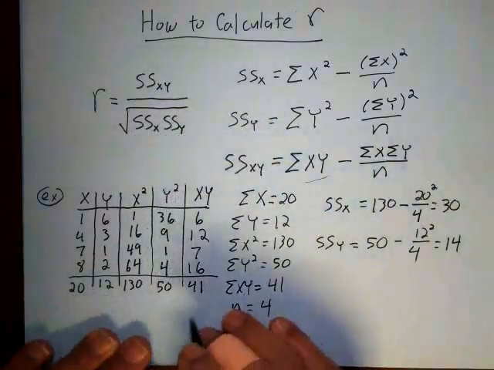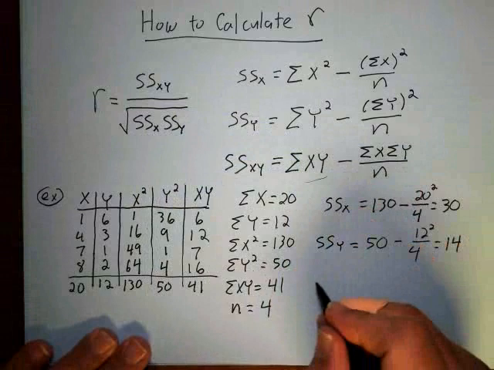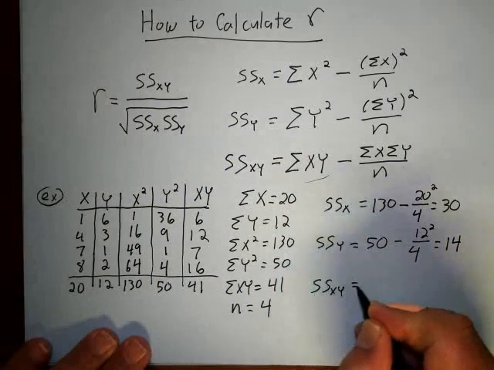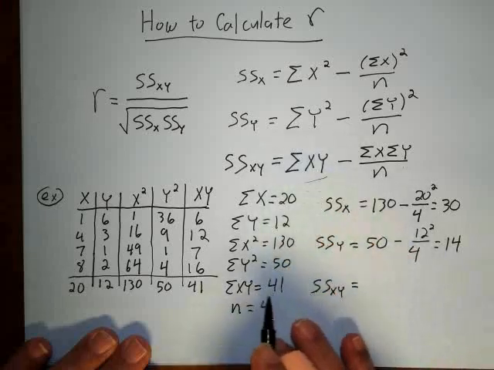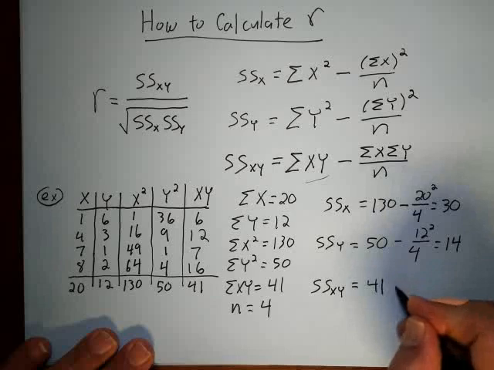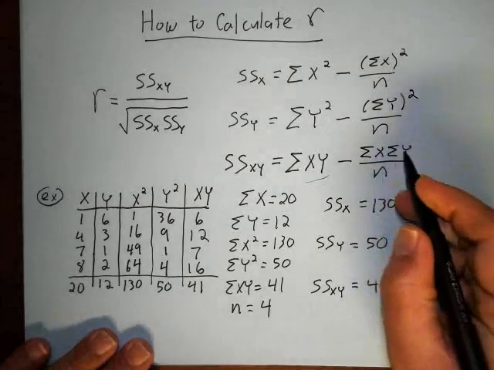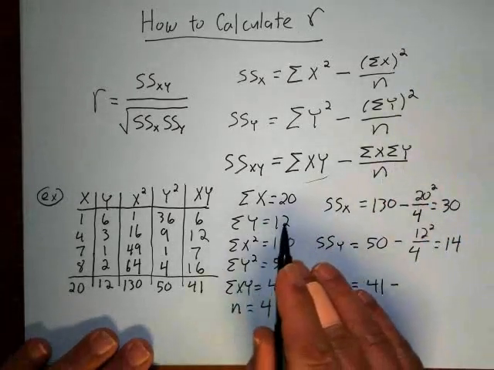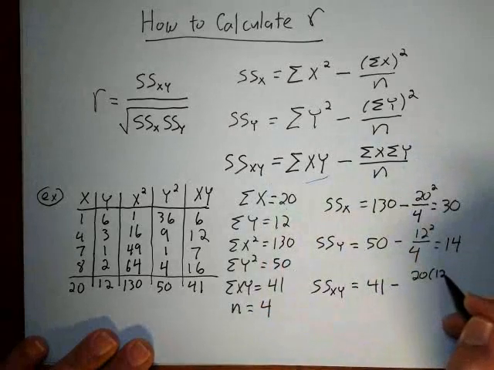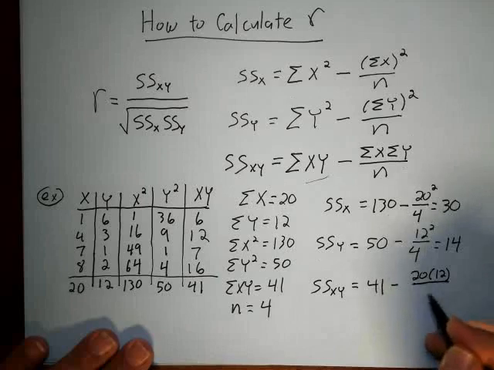Okay, and now the sum of x times y. So SSXY. So this is where the sum of x times y comes in, this last column, and that'll be 41. And then what you do is you take the sum of x times the sum of y. So that would be the 20 times the 12, and that divided by 4.